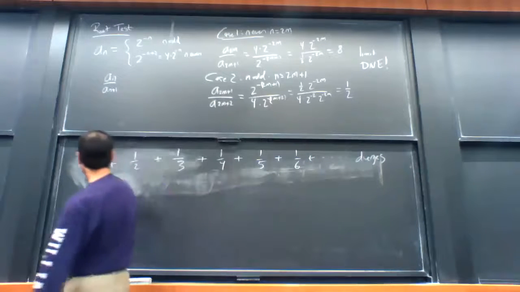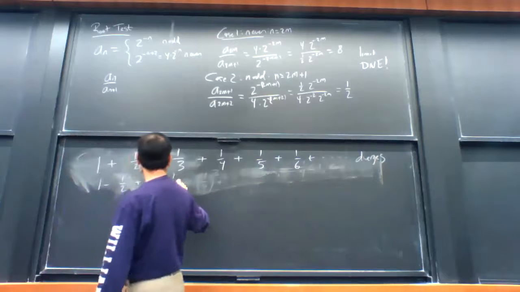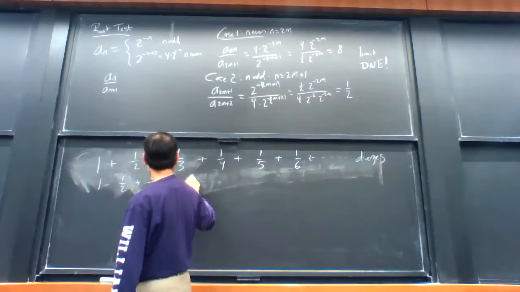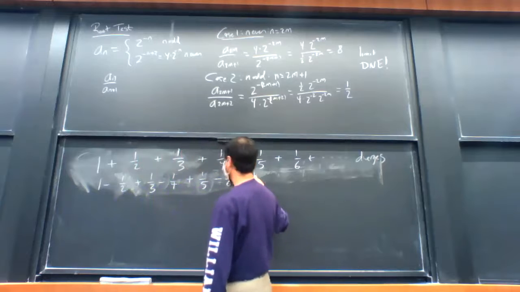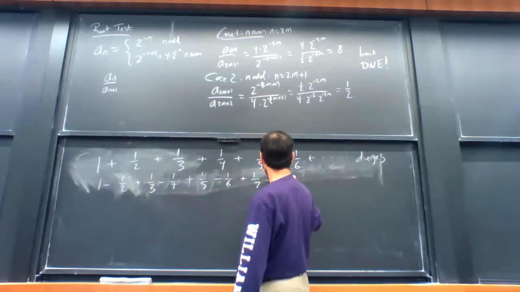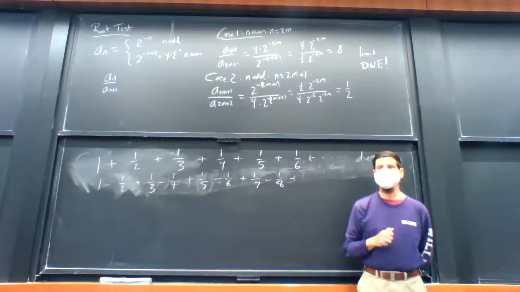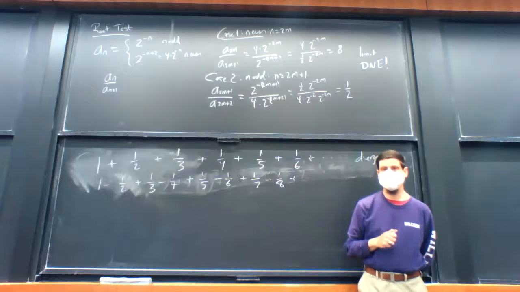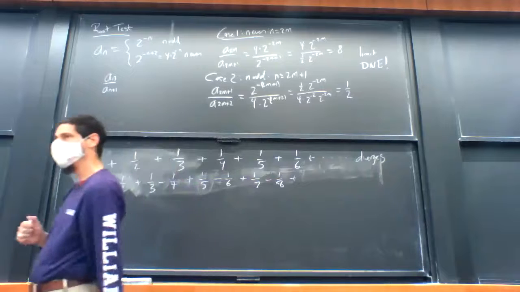Now what I could do, 1 minus a half plus a third minus a fourth plus a fifth minus a sixth plus a seventh minus an eighth. I could look at this alternating sum. Do you think this alternating sum converges or diverges?